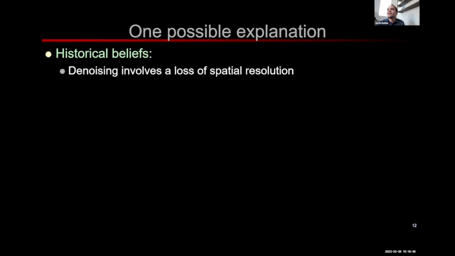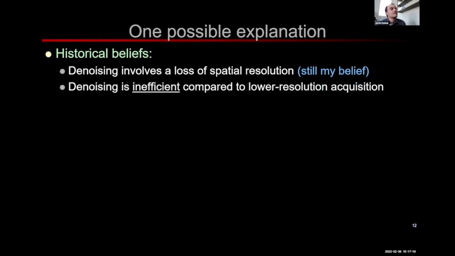If you're going to take an image that is very noisy and do some processing to it to remove that noise, you're going to lose spatial resolution. And I've labeled this as a historical belief. Let me mention that I still believe this is true. So this is still my belief. You may see other people with different opinions. Everyone's entitled to their opinion, but I still believe this is true.